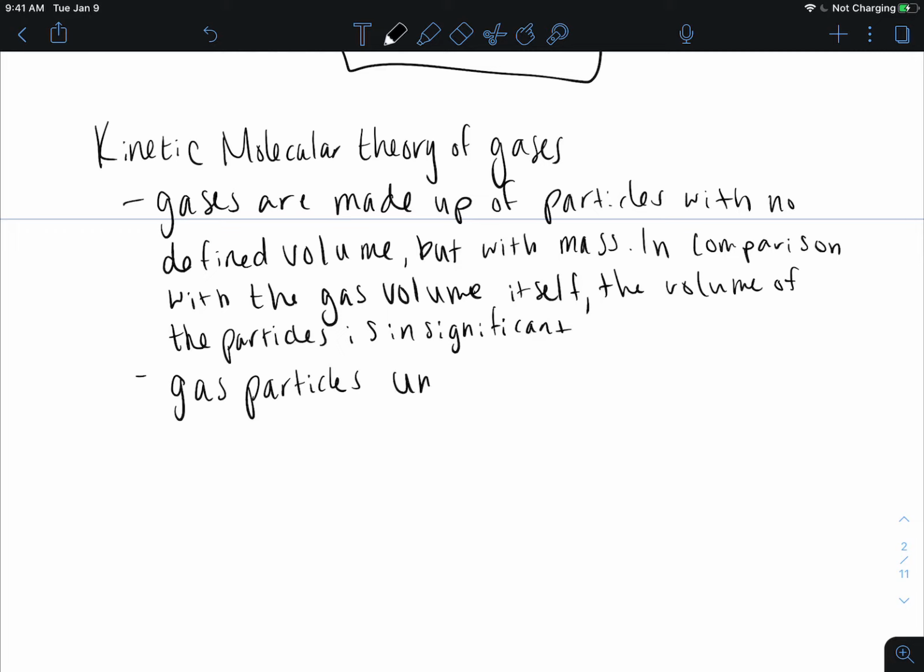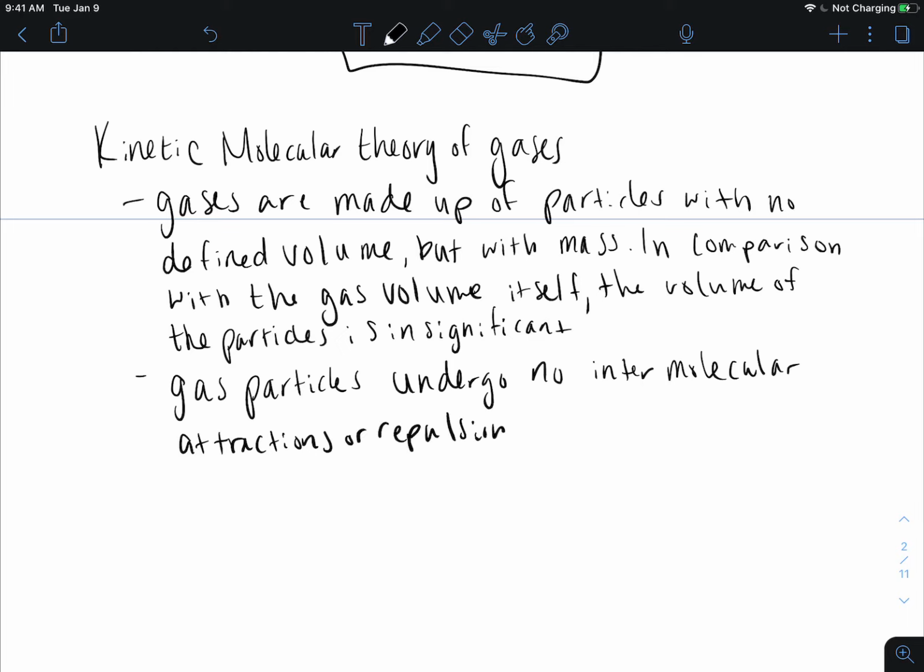Our gas particles undergo no intermolecular attractions or repulsions. So when we put them together, they're not going to be attracted to each other. They're not going to repel each other.